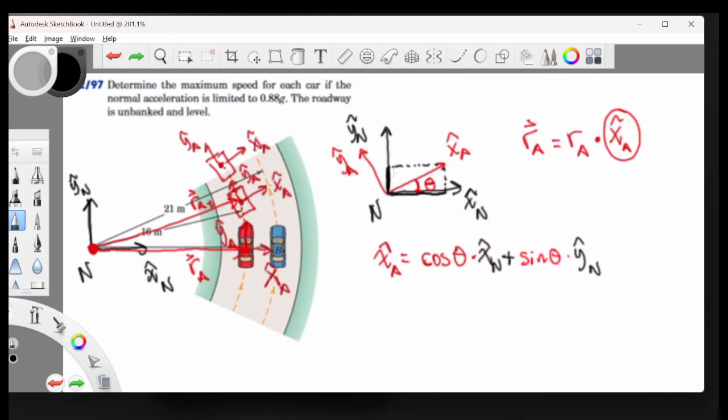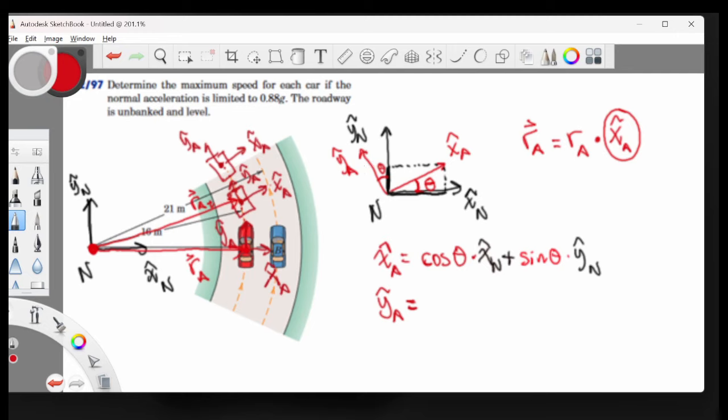We can try to do the same with yA. You can pause the video for a second and try to do it yourself and see if you get the same result that I do. So let's do the component of yA by looking at this angle theta here.